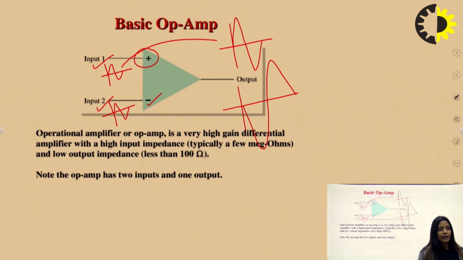Operational amplifier is a very high gain differential amplifier, and the gain is typically in a few mega ohms. It has a very special, unique property that the output impedance of the Opamp is very low.